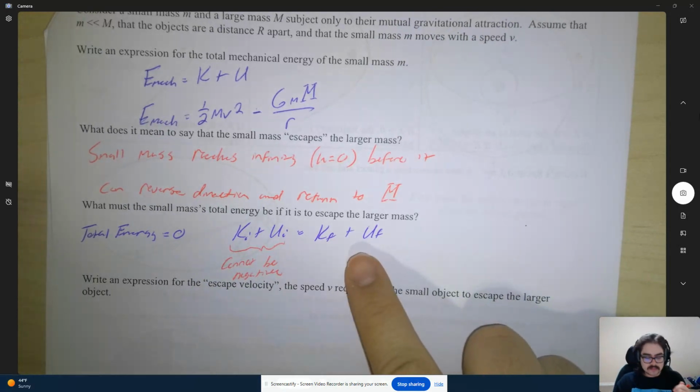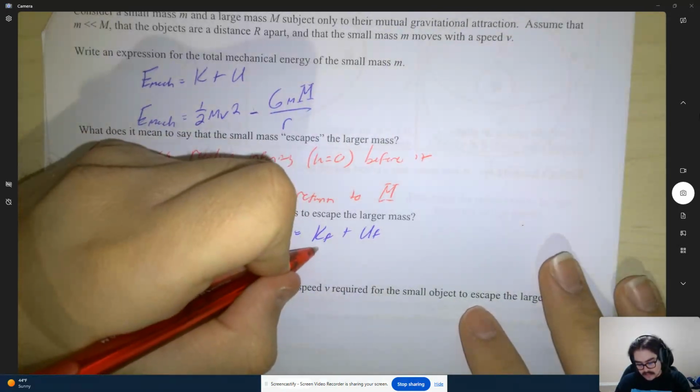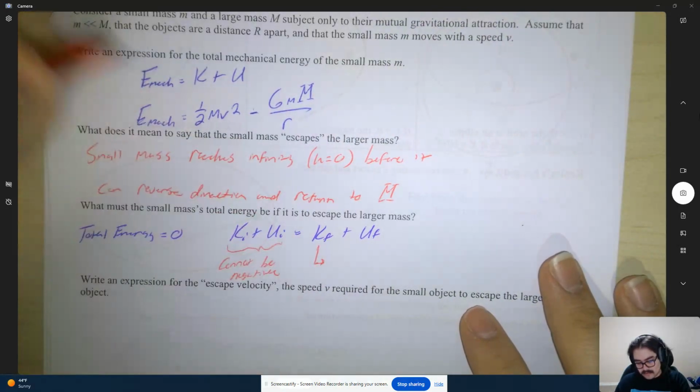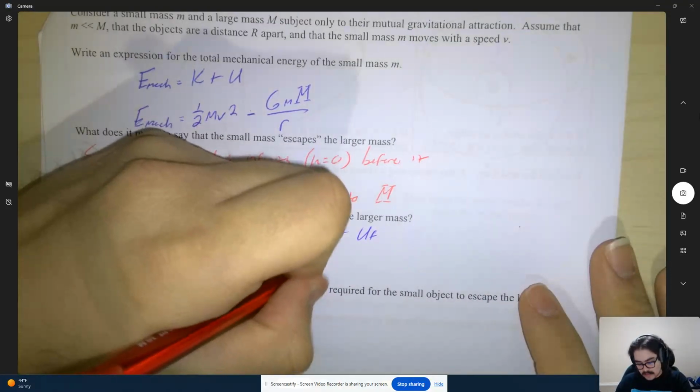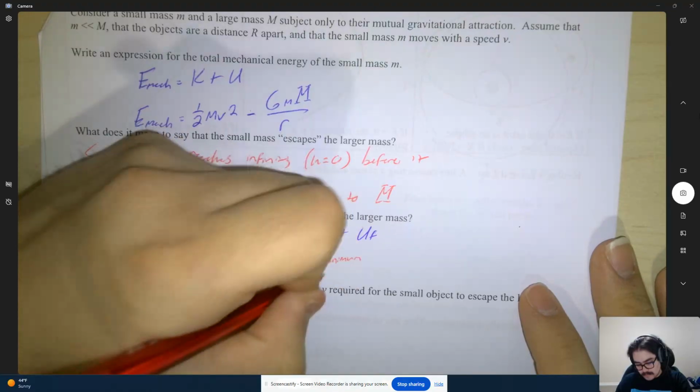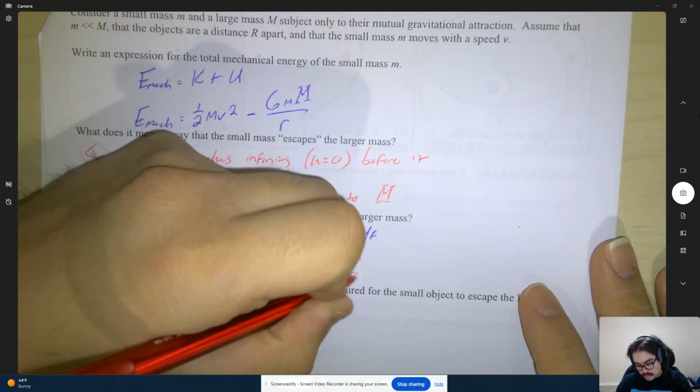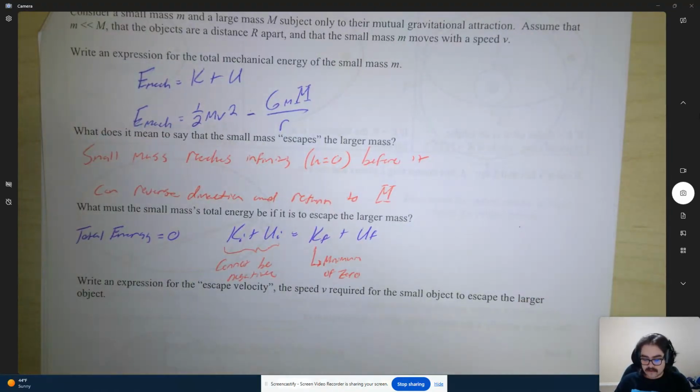On the right side, the kinetic energy can only ever be positive or 0. So this has a minimum of 0, and cannot go negative.